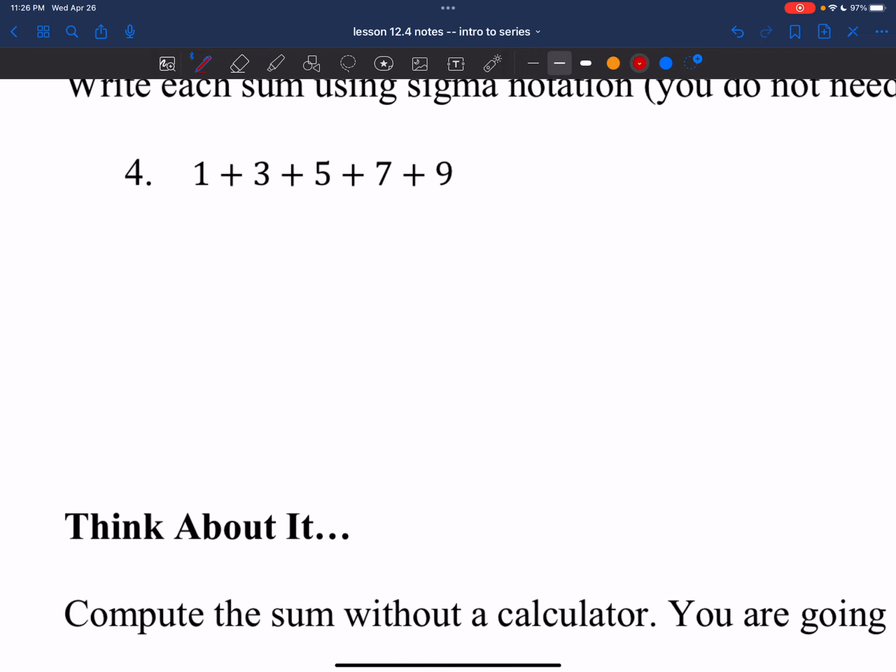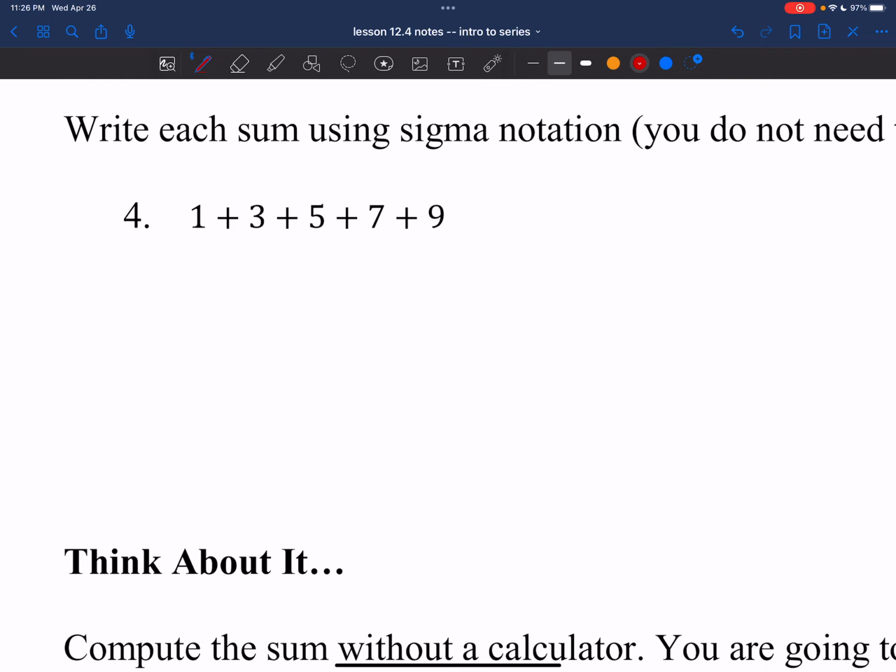So let's look at this first sequence here, number 4. 1 plus 3 plus 5 plus 7 plus 9. What you need to do is figure out, because I'm writing a series of a sub i, where i presumably starts at 1. You can start it anywhere you like, but we'll just start it at 1, and it goes up to some value n.